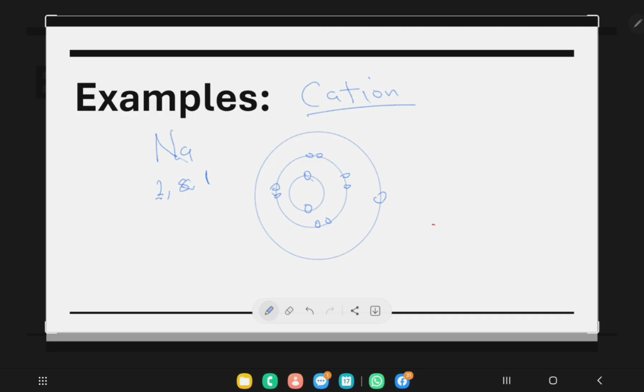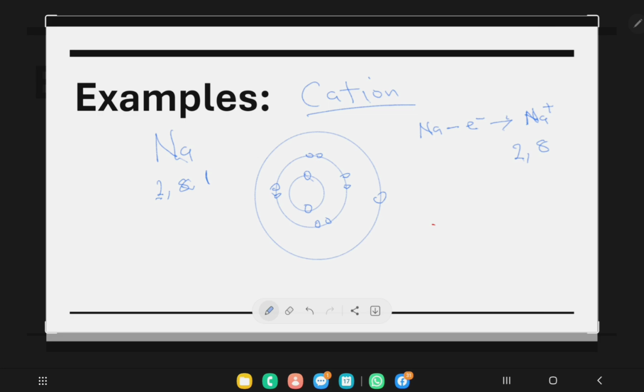Now, when sodium ionizes to form ion, what will happen is that we have Na minus electron giving us Na+. In this case, sodium has assumed sodium ion by loss of an electron. Sodium ion will have 2, 8.